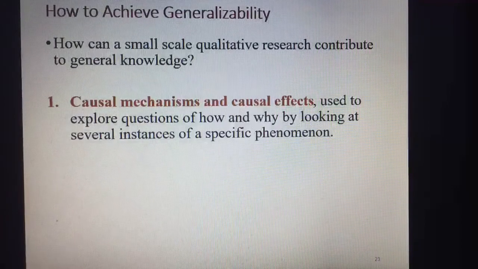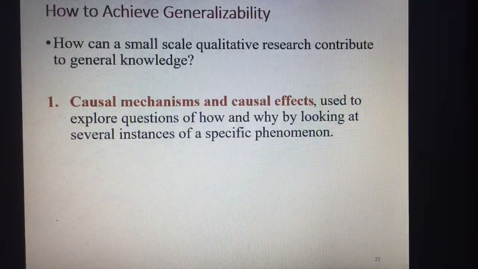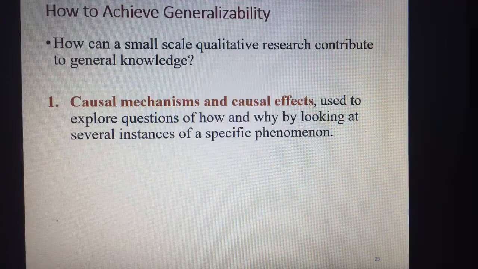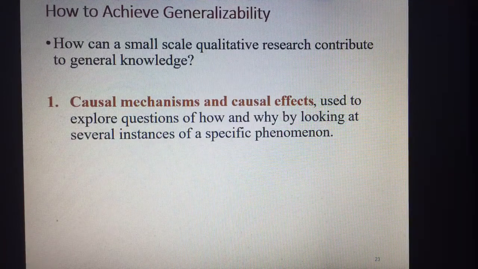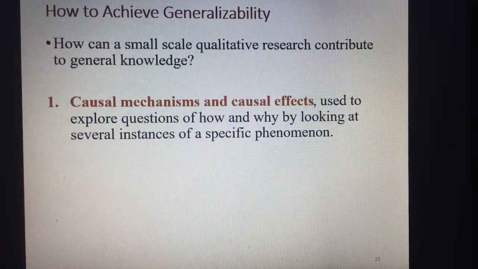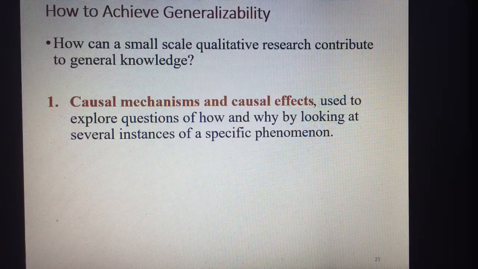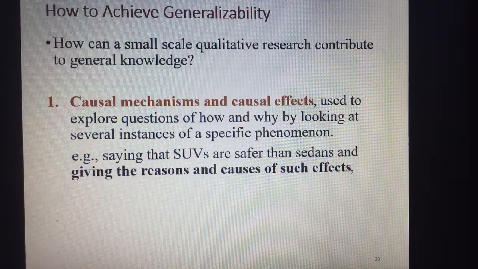First, causal mechanisms and causal effects, sorry, not casual, causal, are used to explore questions of how and why by looking at several examples or instances of a particular phenomenon.